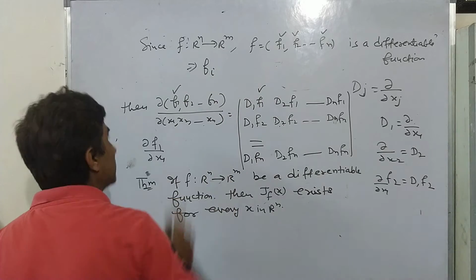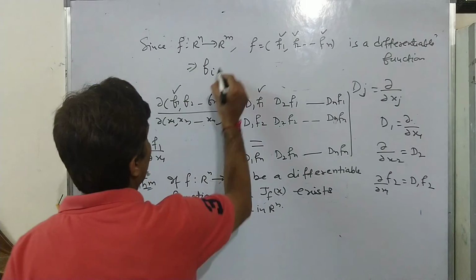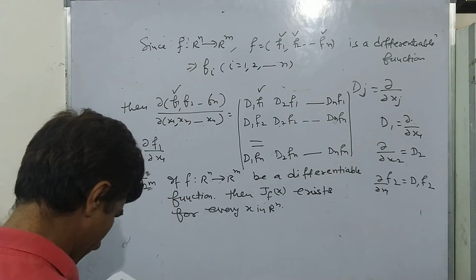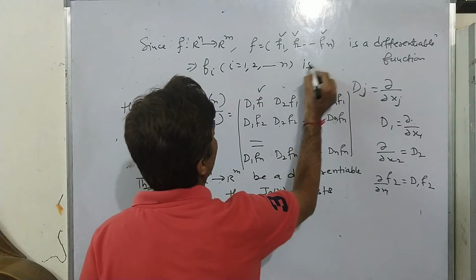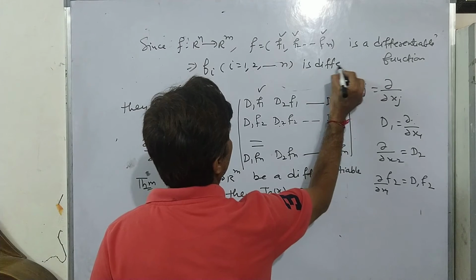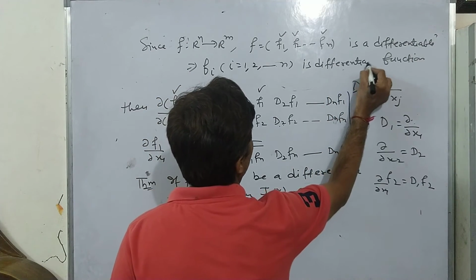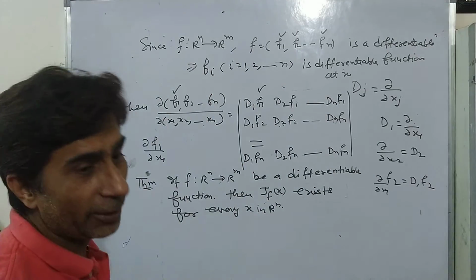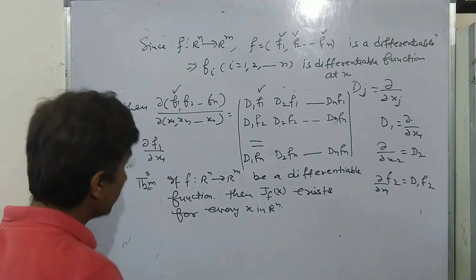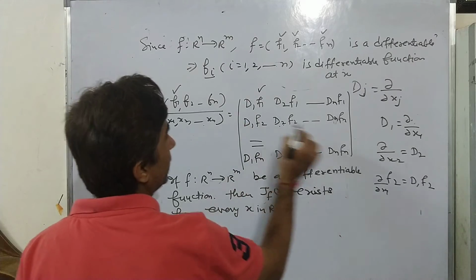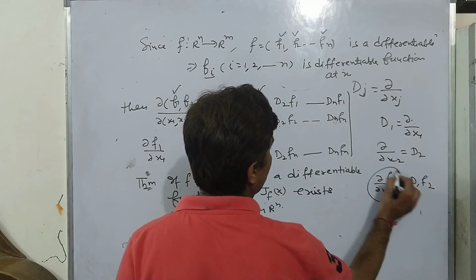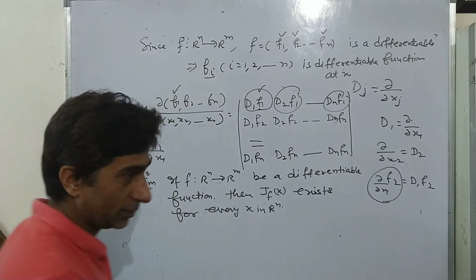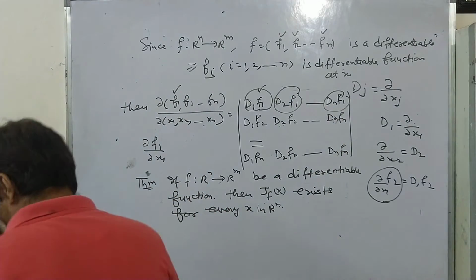This implies fi, i varying from 1 to n, is differentiable at x. So each fi is differentiable. If differentiable, then the derivatives of the functions will exist, so all these derivatives will exist.